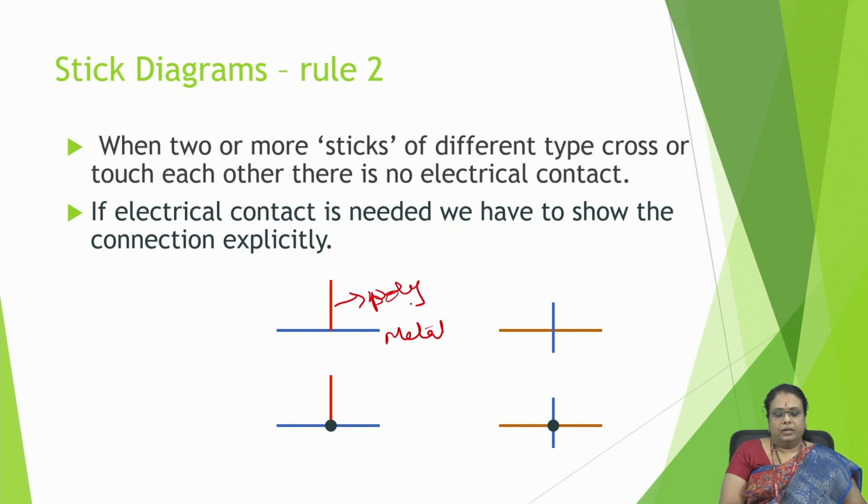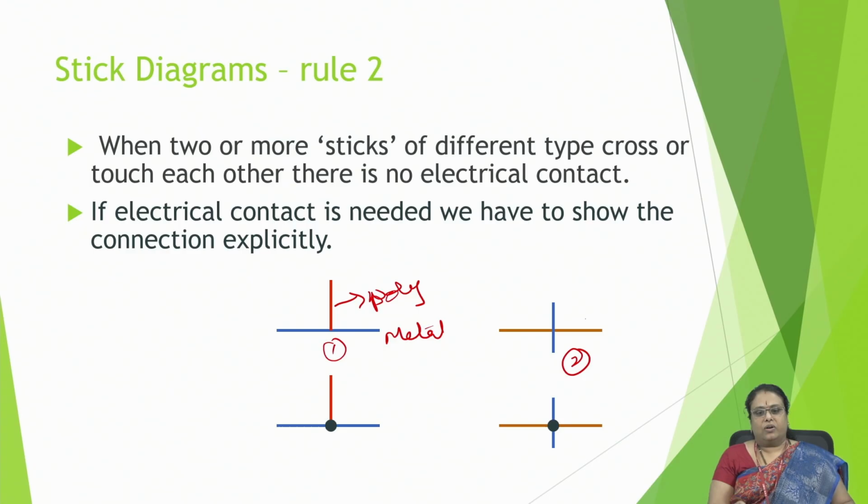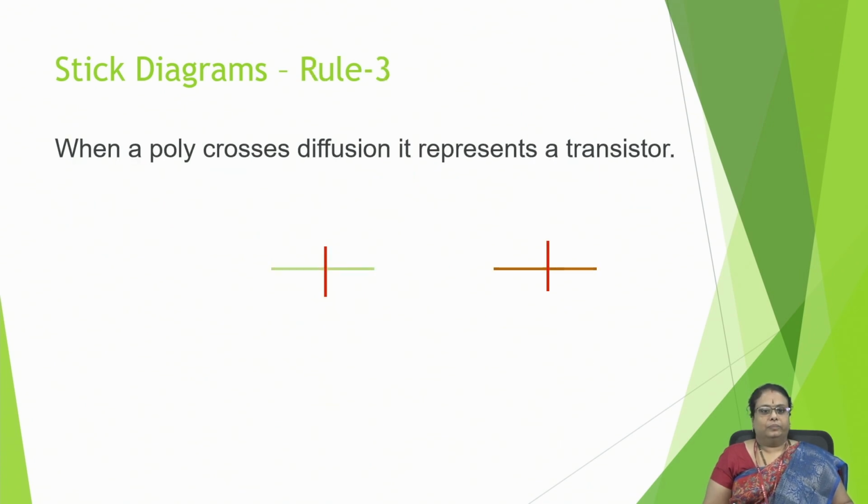When these two cross each other, as shown in this figure or this figure, there is no electrical contact. If we have to put an electrical contact, it has to be shown explicitly. This black one represents an electrical contact. This is rule 2.